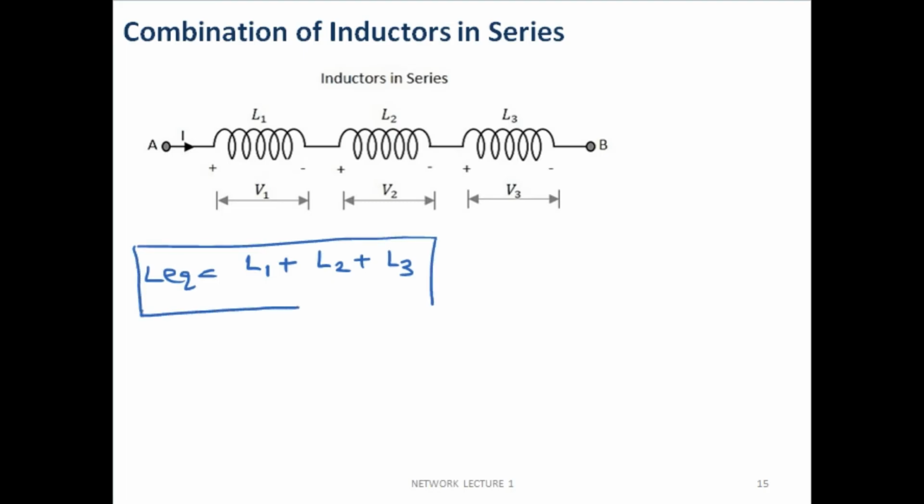No coupling is considered in this case. This formula is similar to when resistors are connected in series. There also we add all the resistances when they are connected in series. Similarly, if inductors are connected in series, we will add all the inductance values.